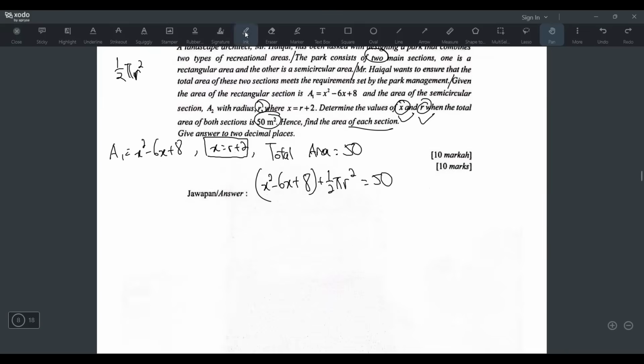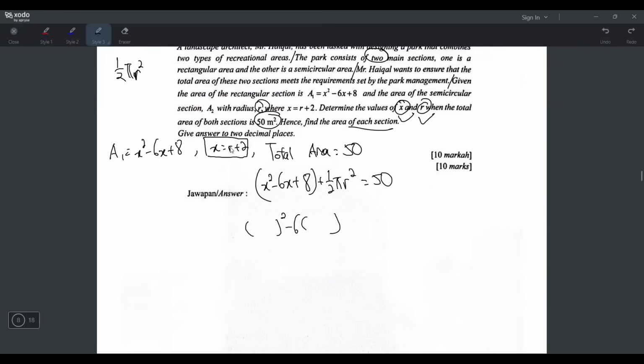So instead of x squared minus 6x, it becomes (r plus 2) squared minus 6(r plus 2), because the x is r plus 2. This is what the question says, not what I made up myself, dia yang cakap. And then plus 8, plus 1 over 2 pi r squared equals 50, right? And there is a square.